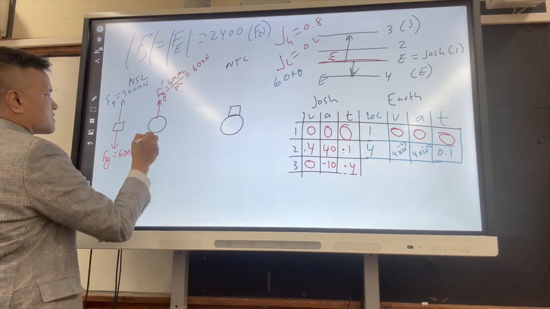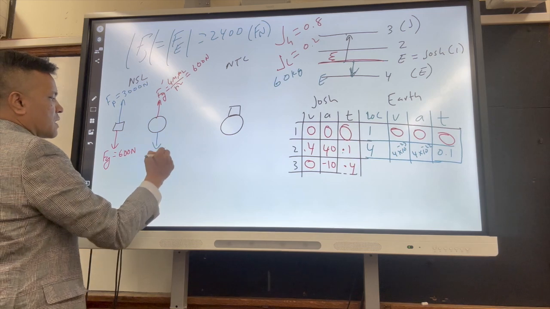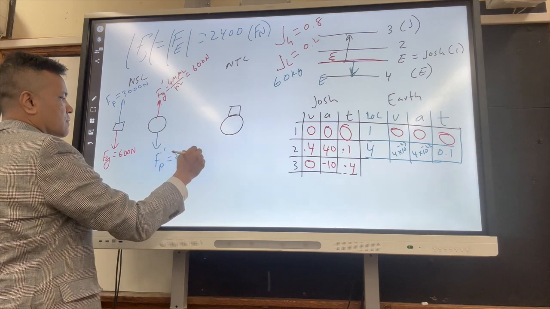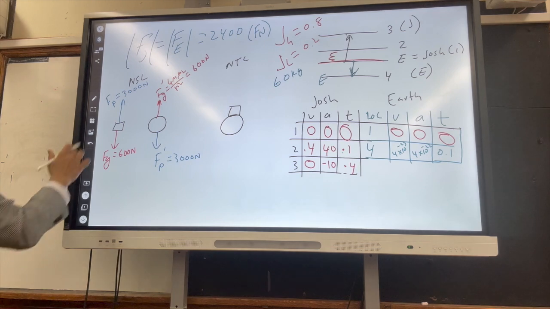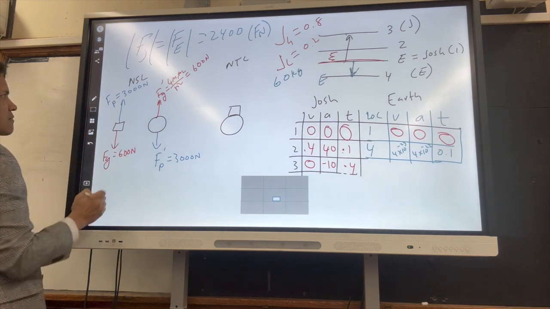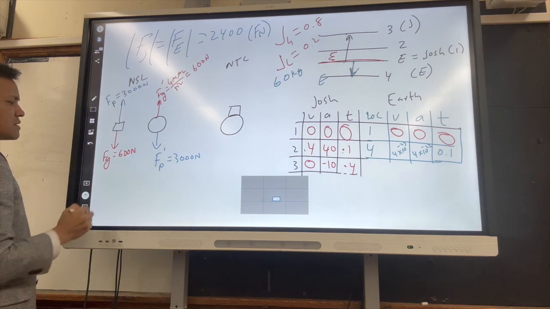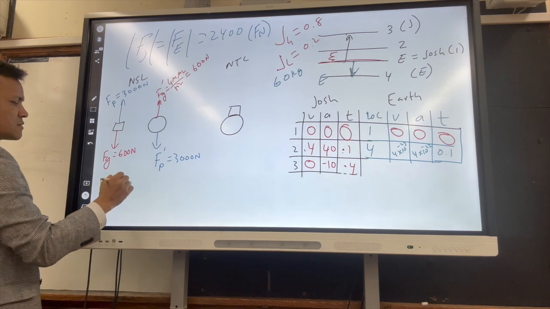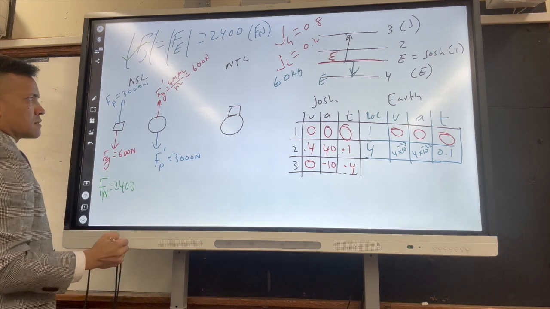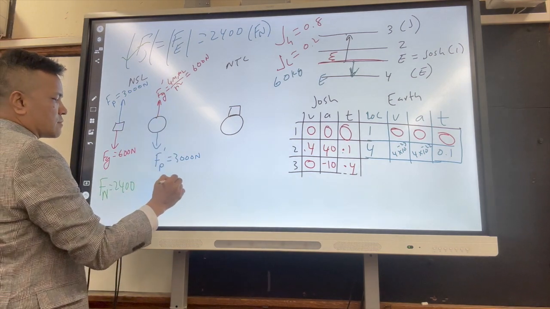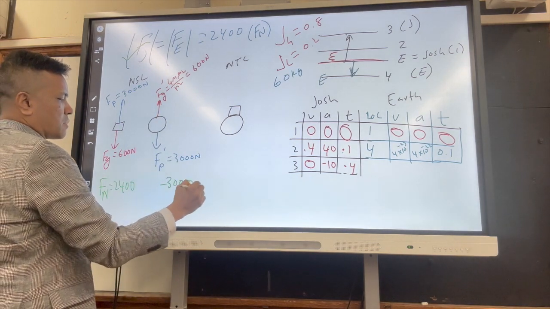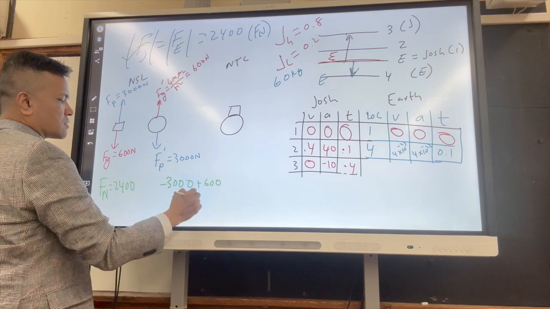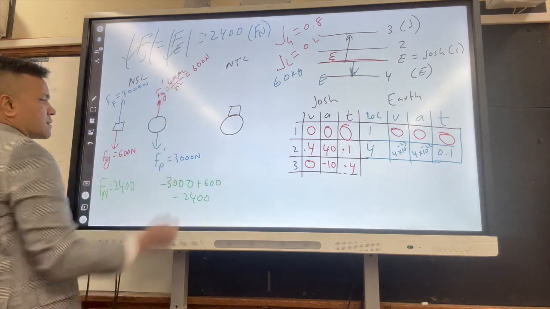If this is 3000, then F push prime should also be 3000. Okay, so what is the net? 3000 minus 600 is 2400. Check. And 3000 minus 600 is 2400. Check.